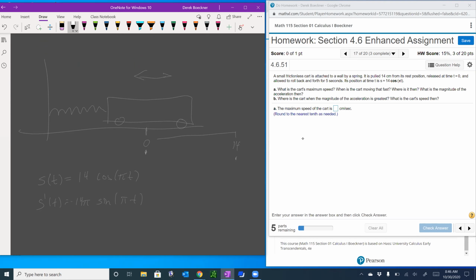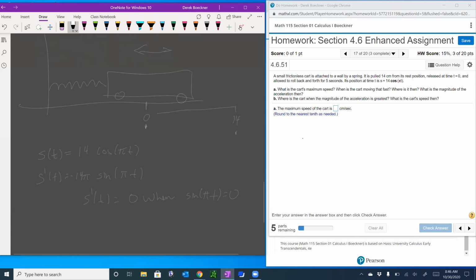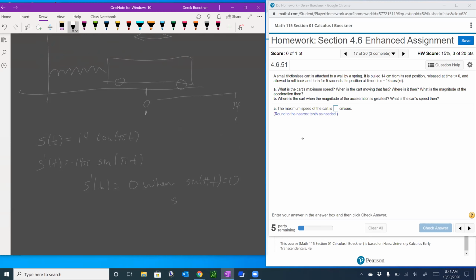Yeah, because the derivative of the cosine is negative, and this is equal to 0 when sine of pi t equals 0. So when t is equal to any integer.